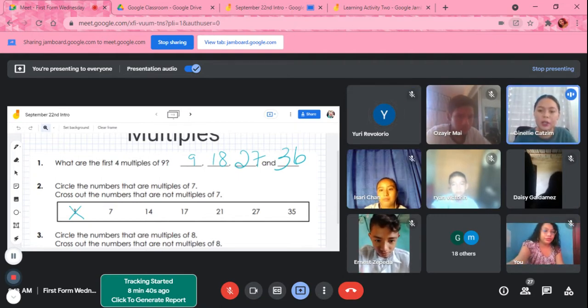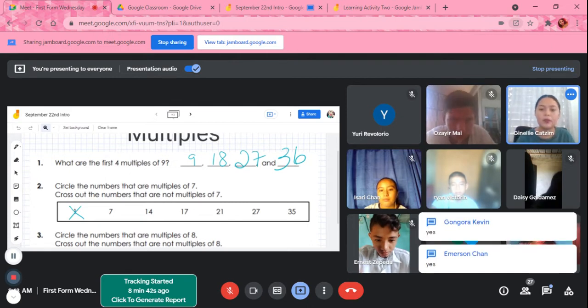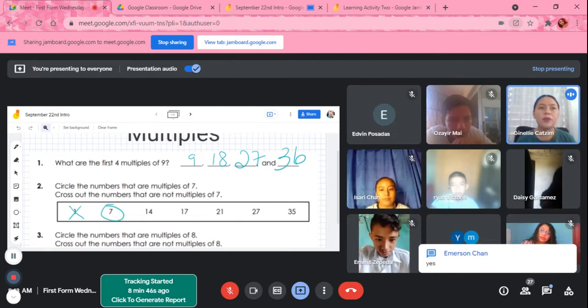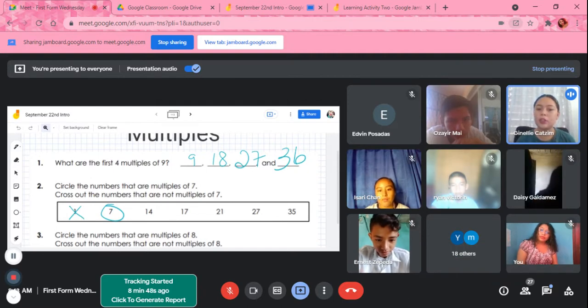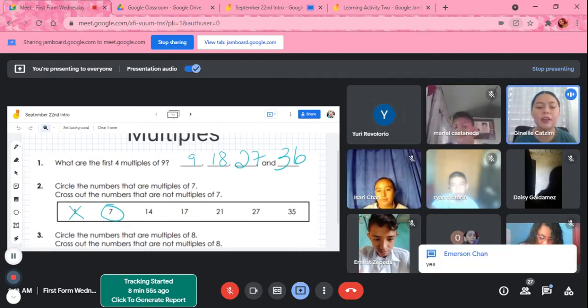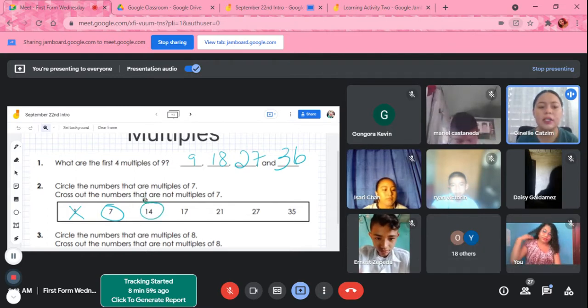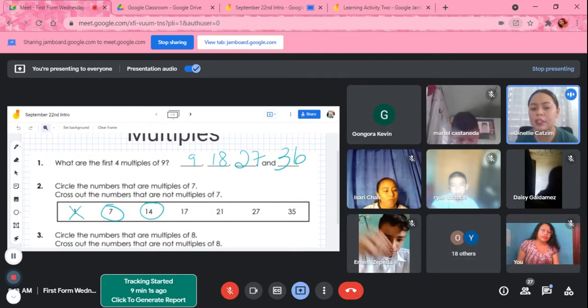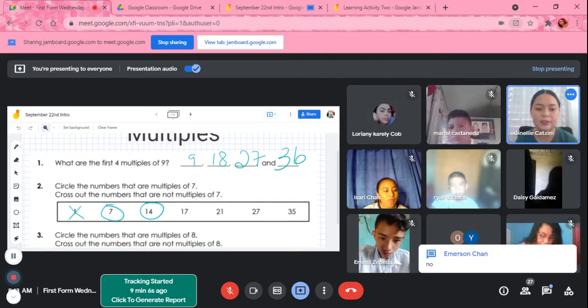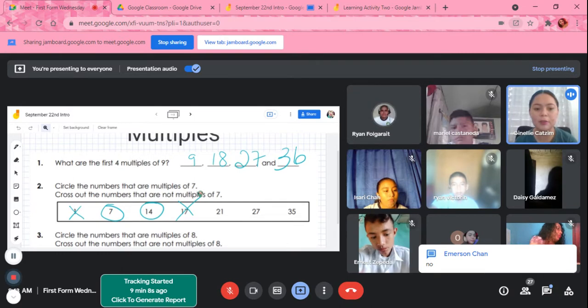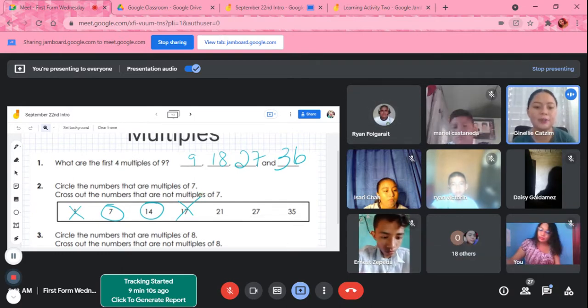So we circle it, right? Okay. Is 14 a multiple of 7? Yes, miss. Okay, so we multiply 7 by 2 to get 14, right? Now, is 17 a multiple of 7? No, right? 17 is a prime number. We can't do that.